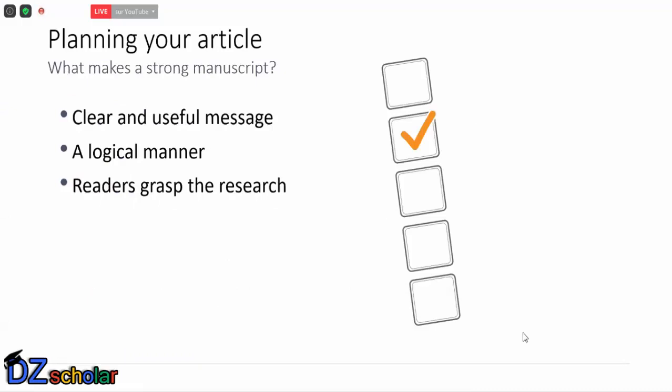So what makes a strong manuscript? For most editors, strong manuscripts have 3 key characteristics. First, their scientific message is clear, useful, and exciting. We will talk through this in a bit more detail. Second, their message is presented and constructed in a logical manner. They enable the reader to arrive at the same conclusions as the author, and the format chosen best showcases the material.